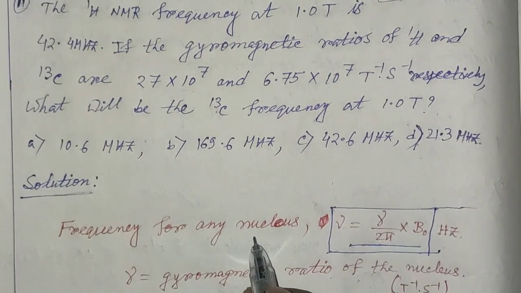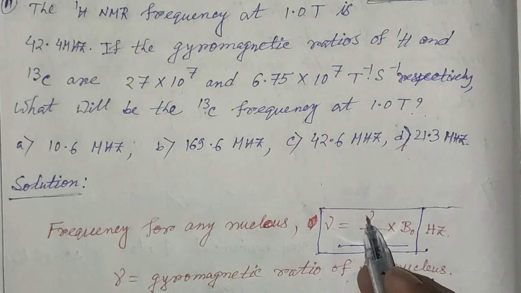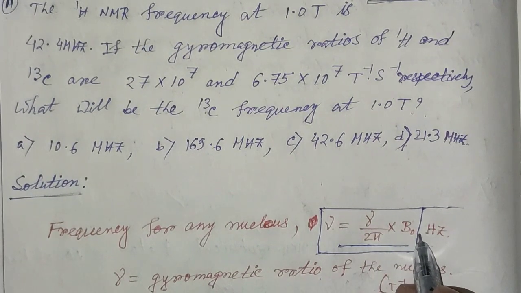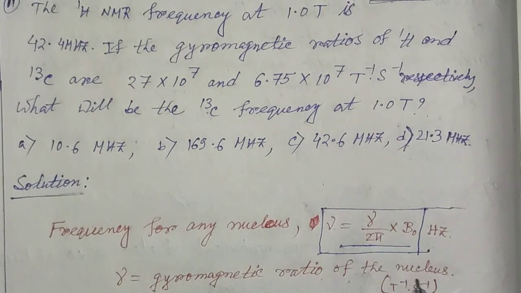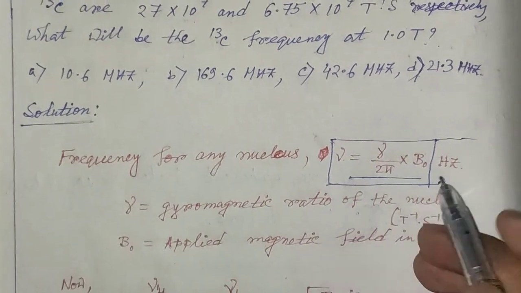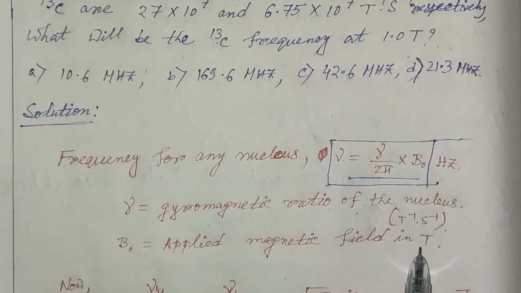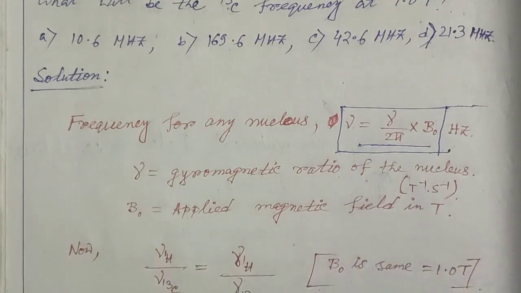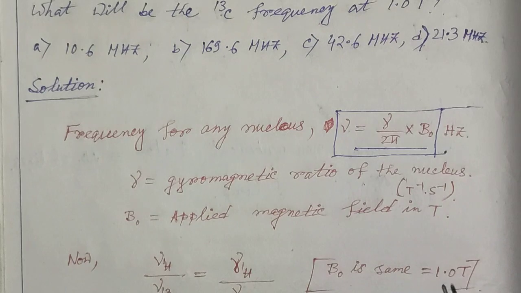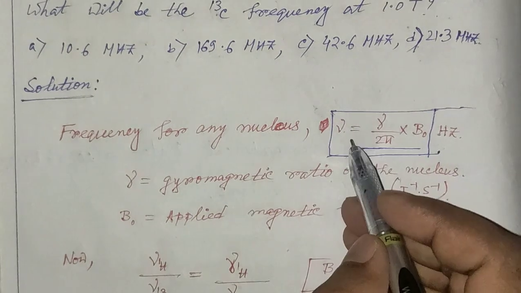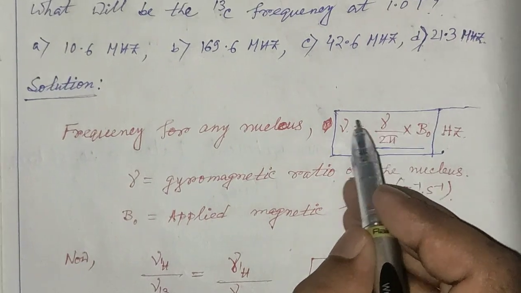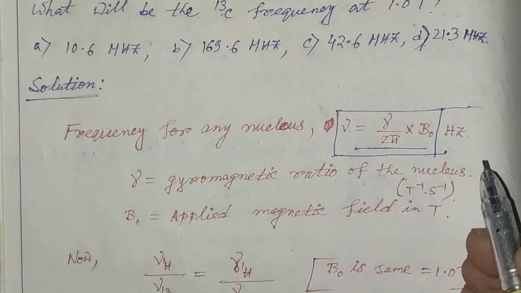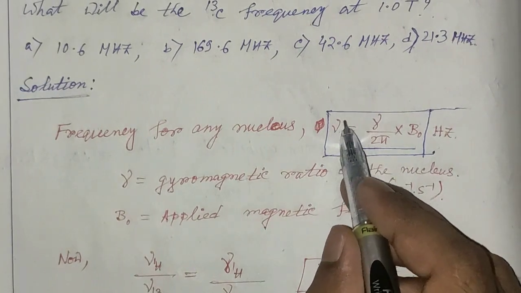Frequency for any nucleus is equal to gamma divided by 2 pi times B0, where gamma is the gyromagnetic ratio of the nucleus, whose unit is Tesla inverse second inverse, and B0 is the applied magnetic field in Tesla. So here 3 values are given: the frequency for hydrogen, and the gamma values for hydrogen and carbon. We have to calculate the frequency value for carbon.